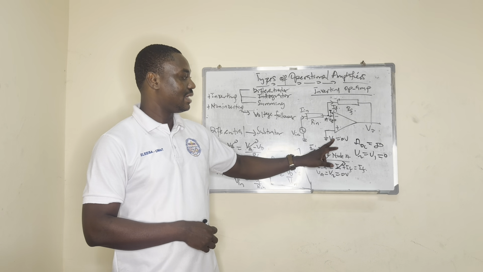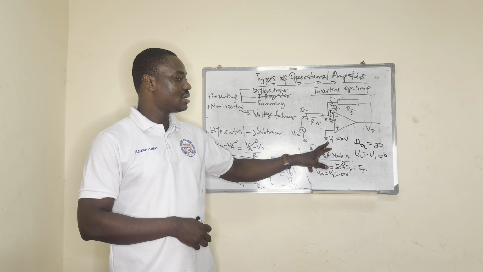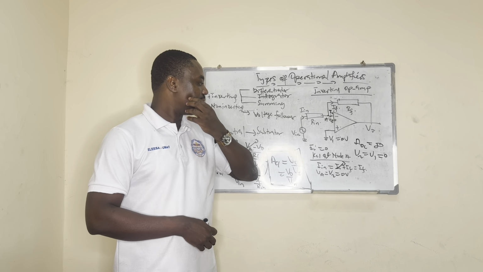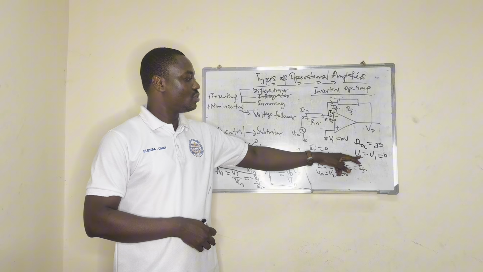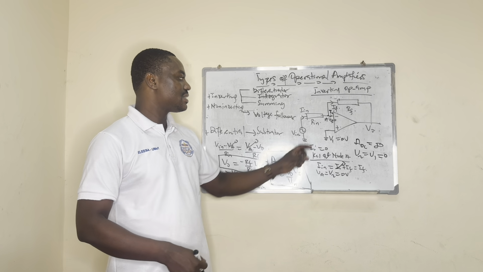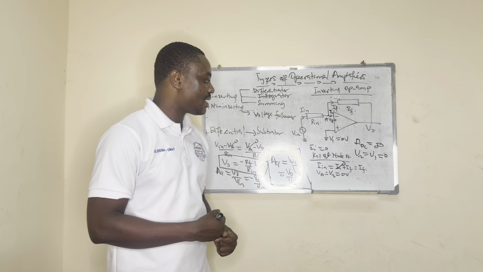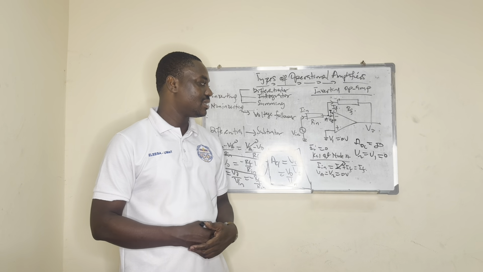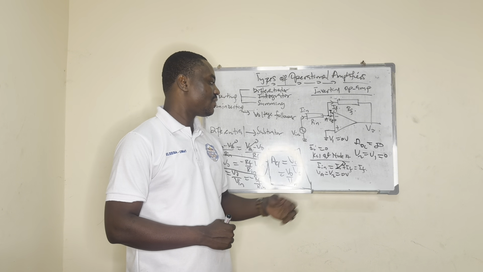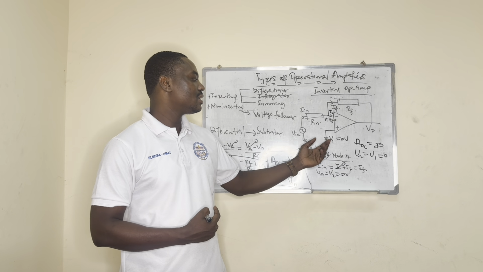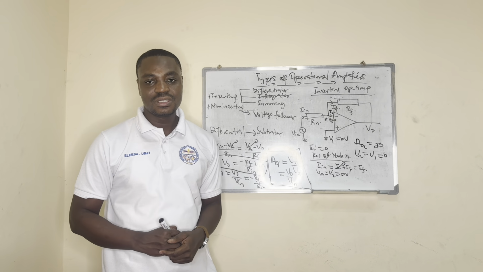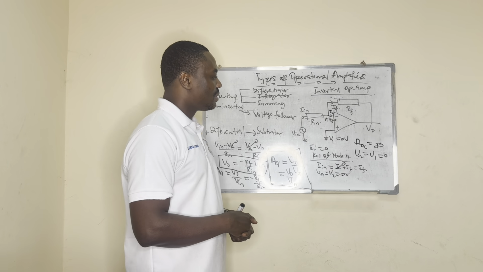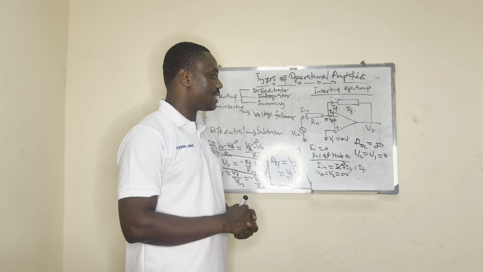If we ground the non-inverting input, then V2 will be equal to V1, because the differential input, since the gain is very large, will be 0. So V2 equals V1, and this goes to 0 as well. We refer to this as a virtual ground: grounding the non-inverting input terminal makes it 0, which also makes sure that V1 is 0 as well.